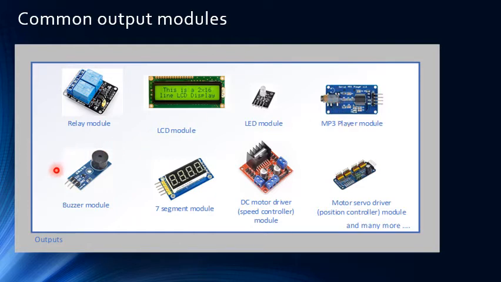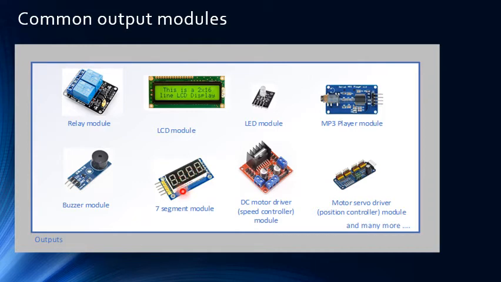If you just simply want to get beeping noises, you can just use the buzzer module. If you want to display some measurement but only the number, then you can use the 7-segment module. The 7-segment module cannot display alphanumeric characters. It can only be used for displaying numbers.